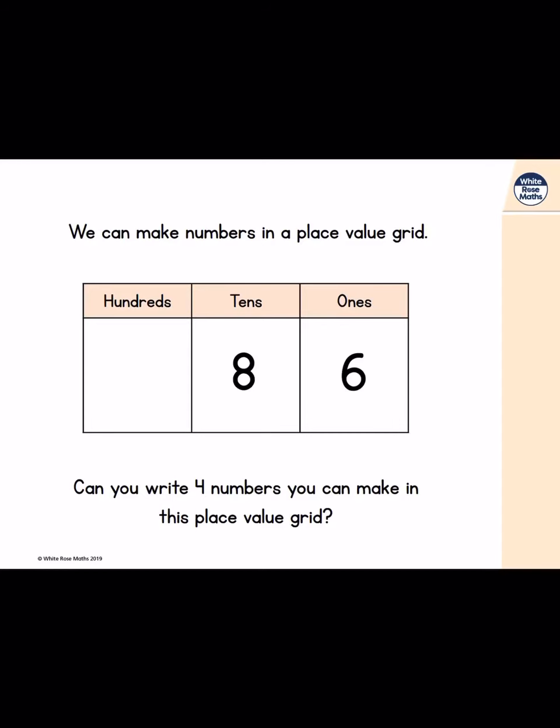Remember, we don't have to put numbers in all of the columns. Here's my next number. That's an easy one. It's just 7. And here's my last number. How do you say that one? Yes, it's 504. Remember, if we've got no tens, we have to put a 0 in the tens column this time to separate it from the 5 and the 4.